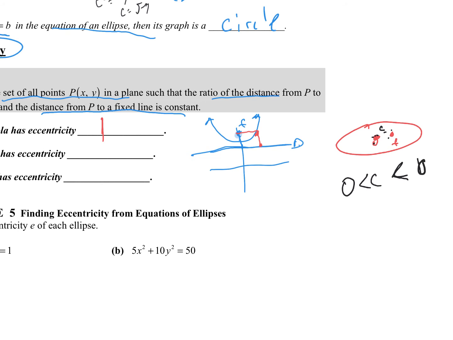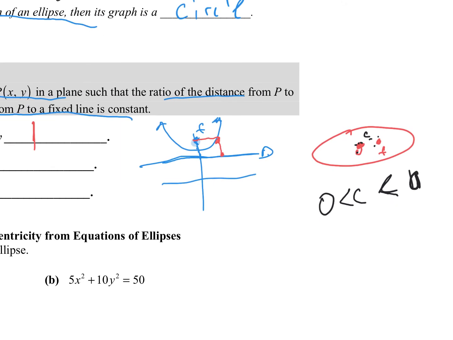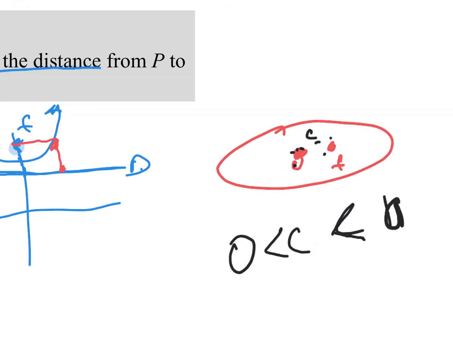It's less than A. Why is it less than A? Because A is out here. That's A. You can't go all the way to A because then you wouldn't have a focus point. That'd be not an ellipse. The focus has to be within that interval.